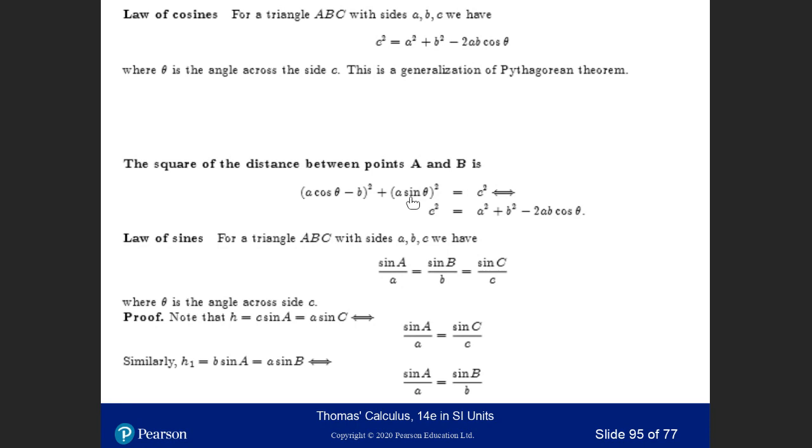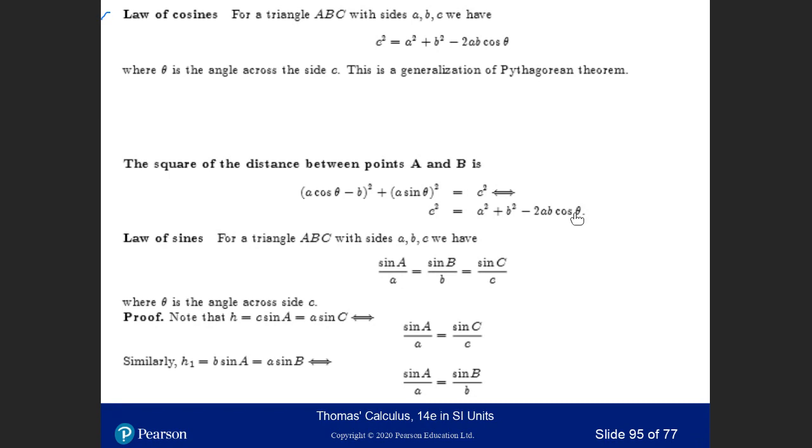So since cosine squared plus sine squared is equal to 1, you have a squared on this side. Now from here you have b squared too, and then another term which is a cosine theta times b, you get it twice. So that's what you get, and which is basically the proof of the law of cosines.